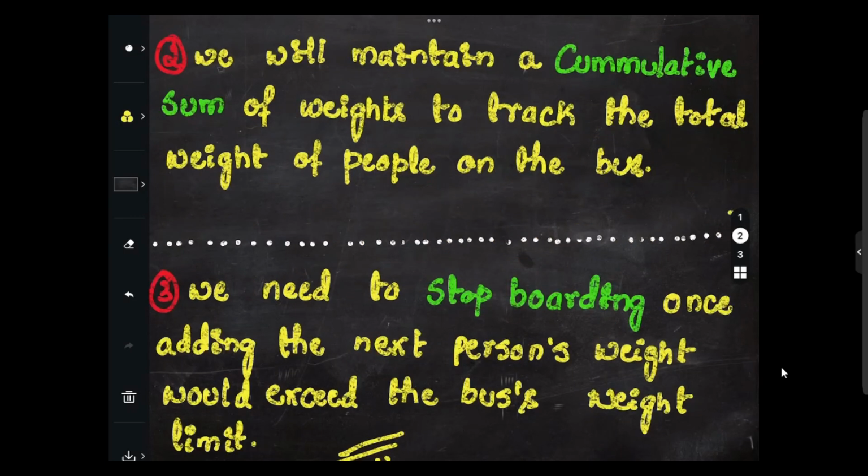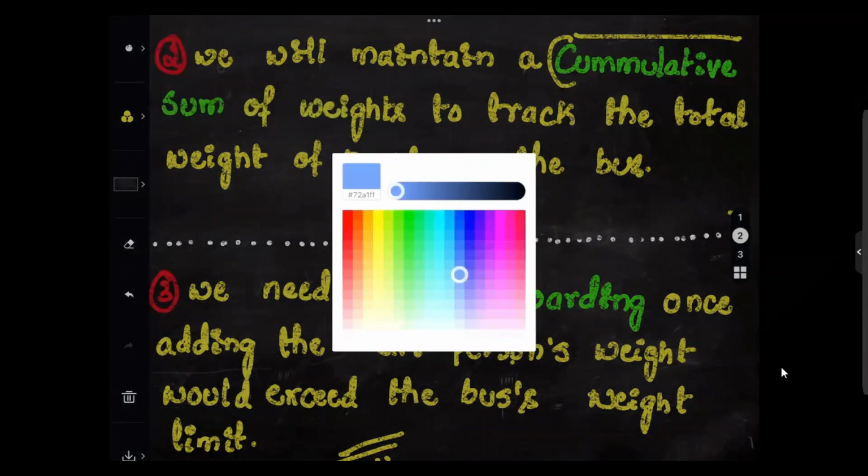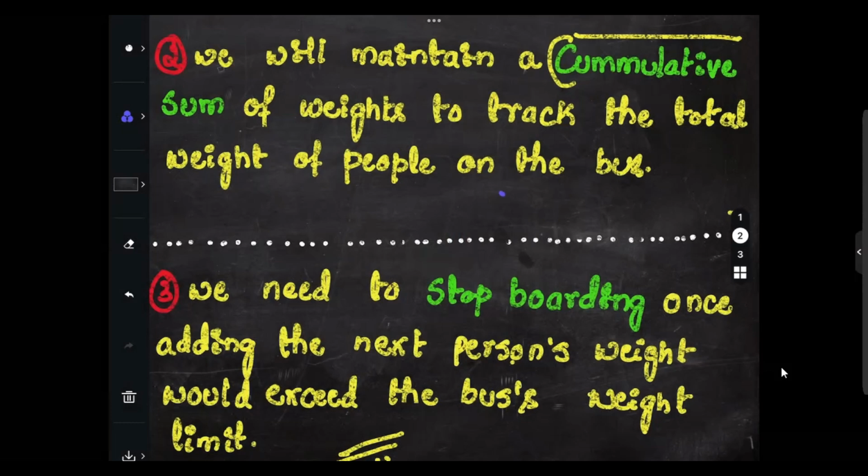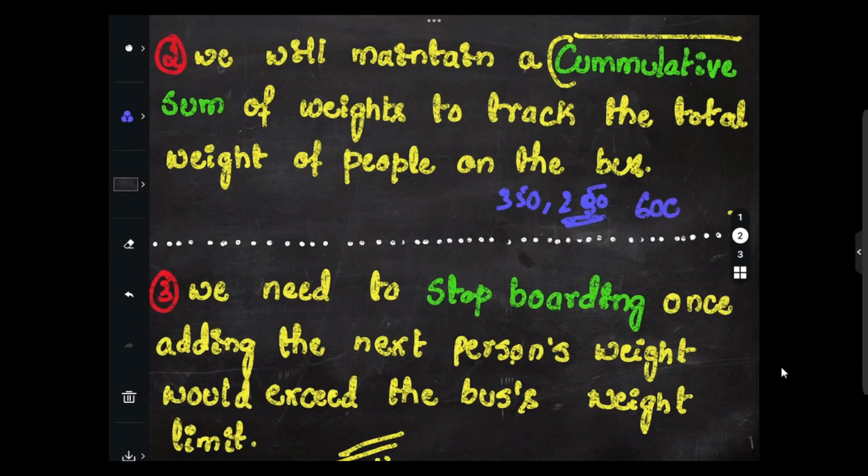So let's move on with the second step. We will maintain a cumulative sum. When I say cumulative sum, first we had 350, next 250, so we sum up 350 and 250, which is 600. That's how we maintain the cumulative sum of the weights.